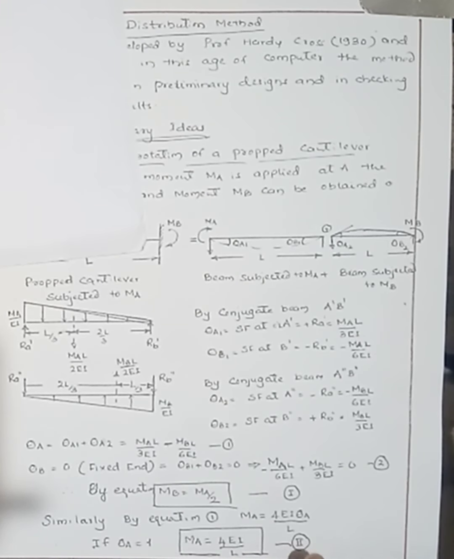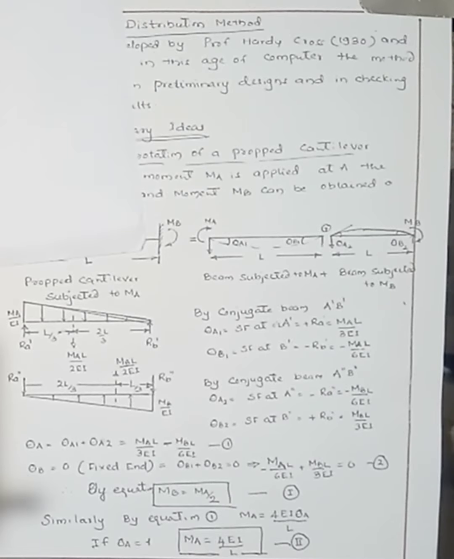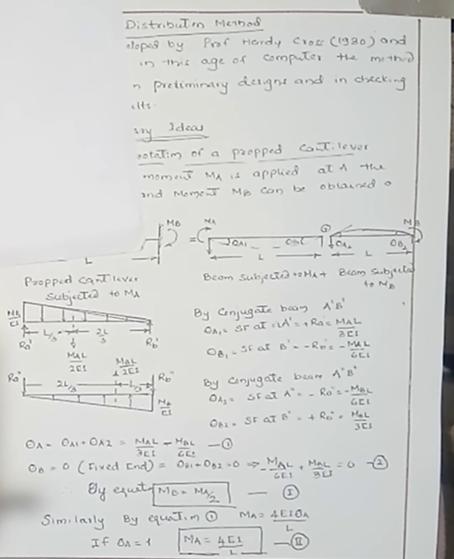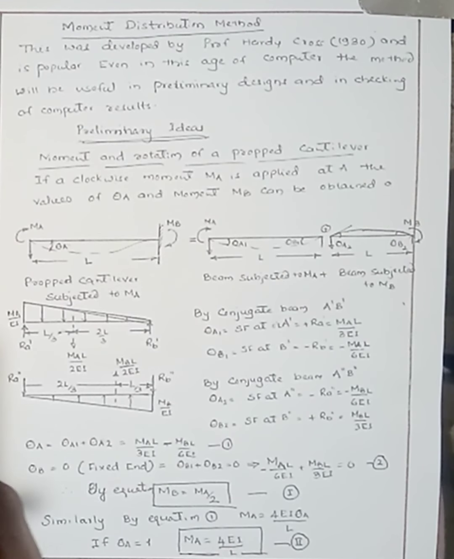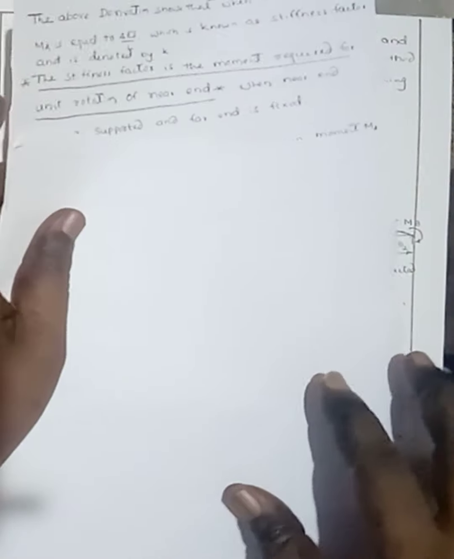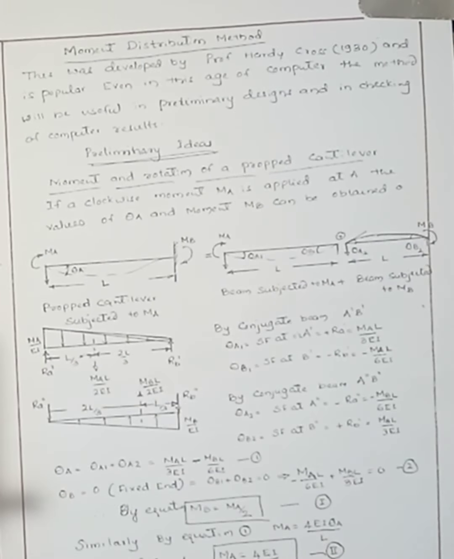This term in equation 2 is known as the stiffness factor, and it is usually denoted by K. In the moment distribution method, first we have to calculate the stiffness factor.